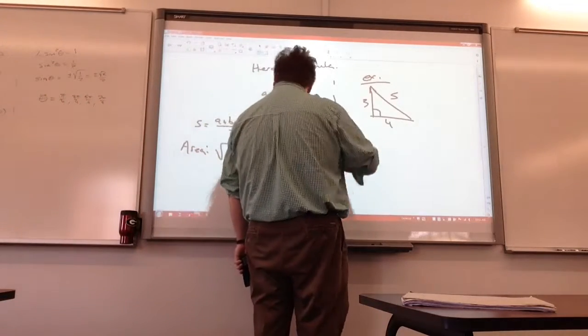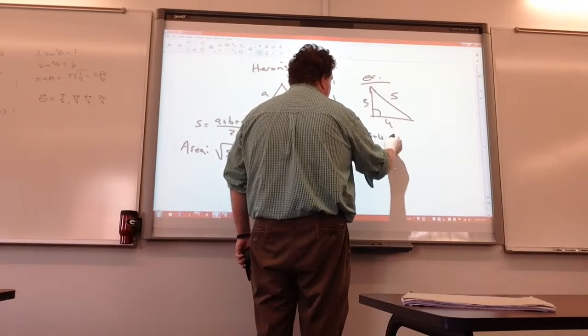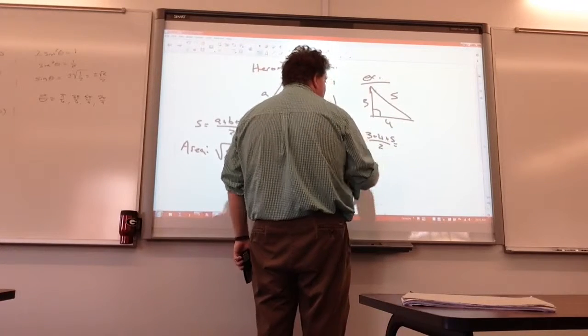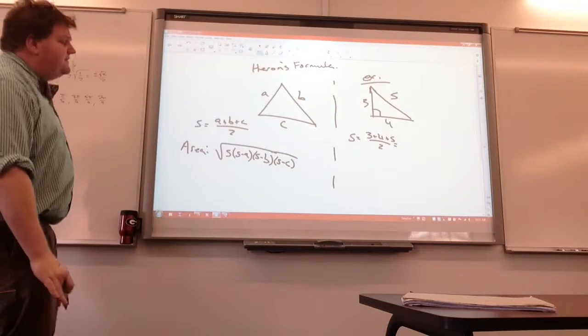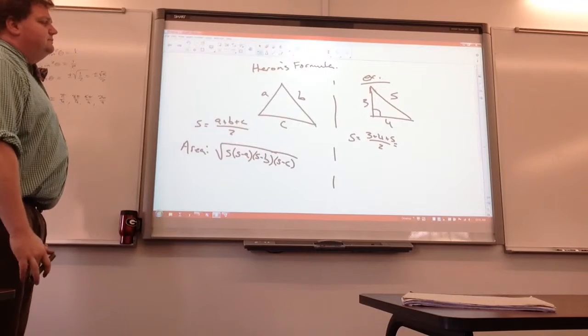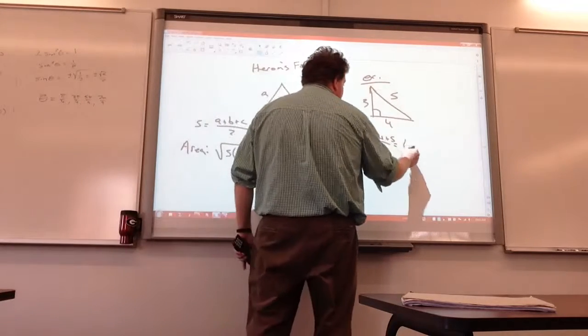So instead of doing it the usual way, let's use Heron's formula. S is 3 plus 4 plus 5 all over 2. That's 12 over 2, so S is equal to 6.